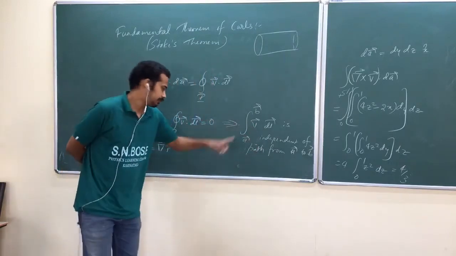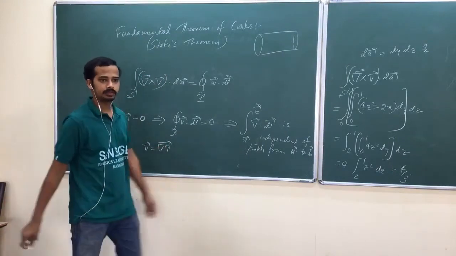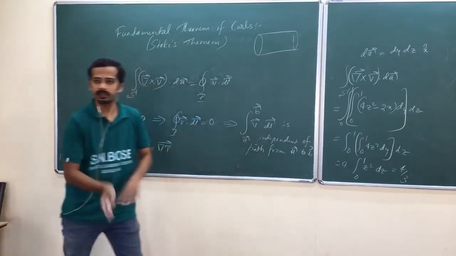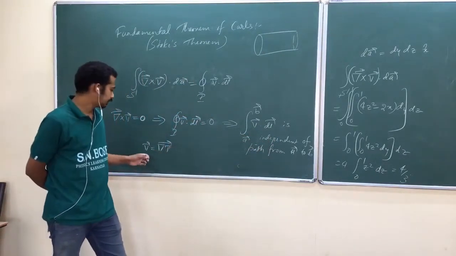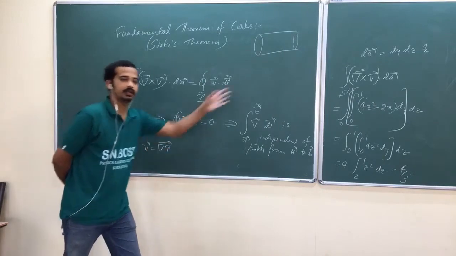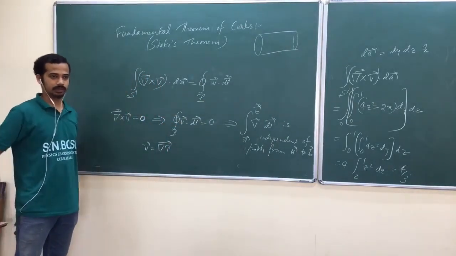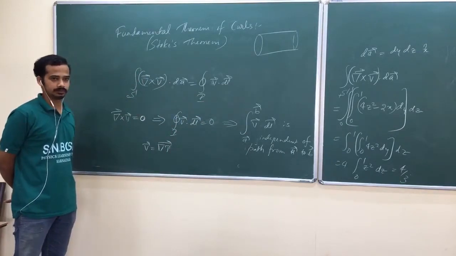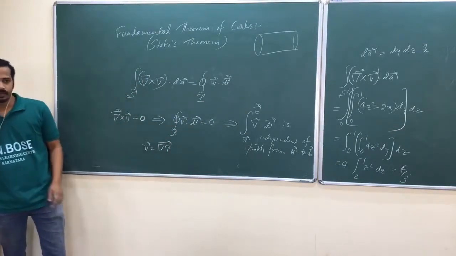So when that vector field is equal to the gradient of some scalar, this will always be true. That's why we think in a reverse way. Whenever this happens, we can write that vector field as a gradient of a scalar. That is our potential formalism. In electrostatics, that is our potential formalism. It all comes from this one.